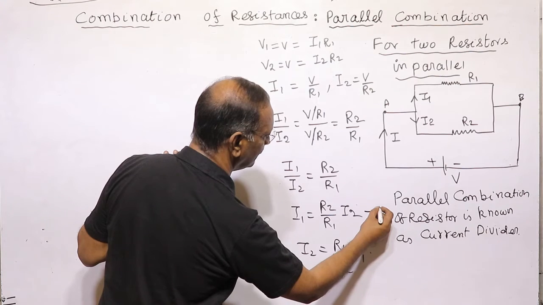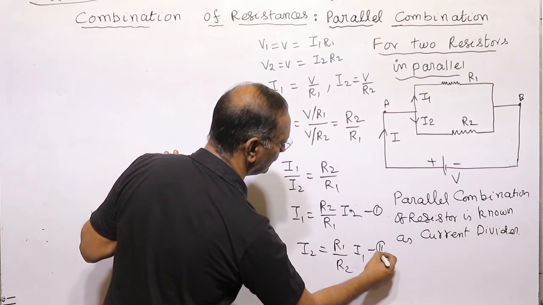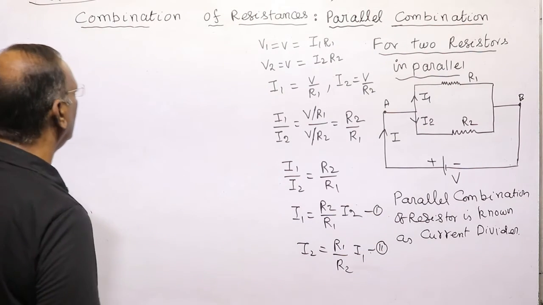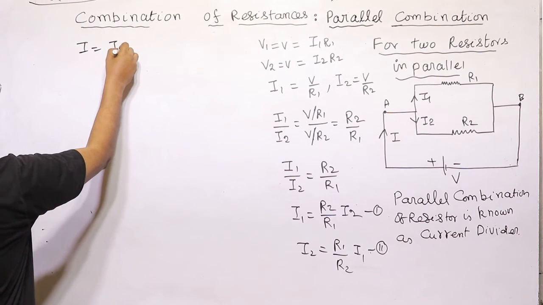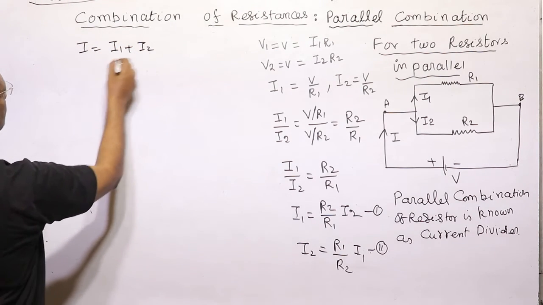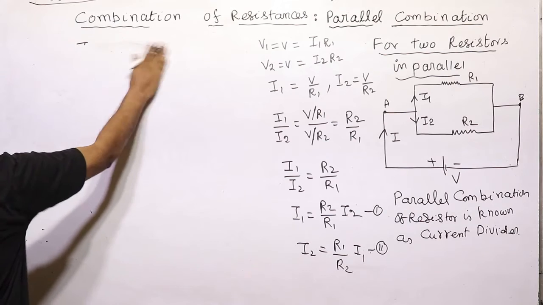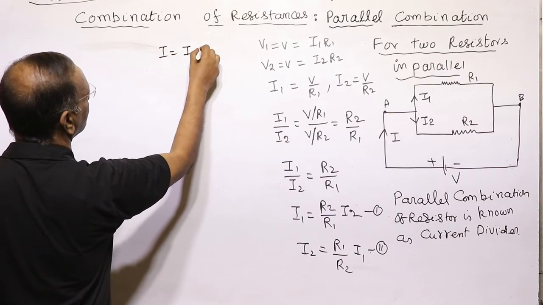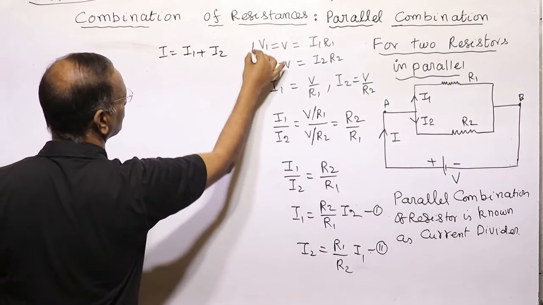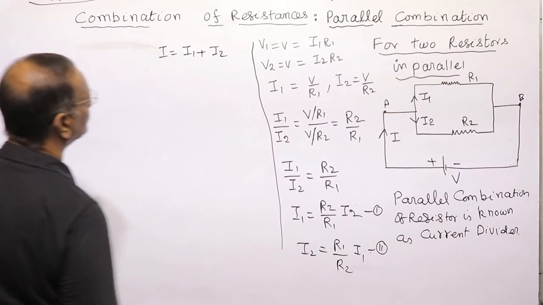This is equation number 1 and equation number 2. Now, as we know, I is equal to I1 plus I2.